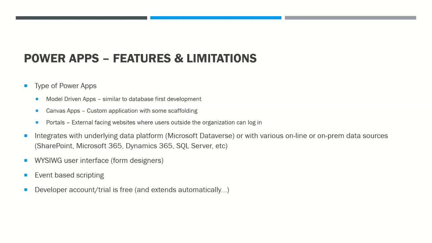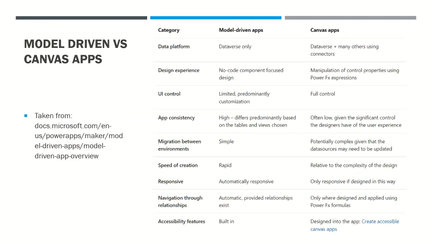So this is taken from the Microsoft documentation, and this is differentiating between the model-driven app and the Canvas app. Model-driven app can only serve data from Dataverse, whereas Canvas app can use any data source.